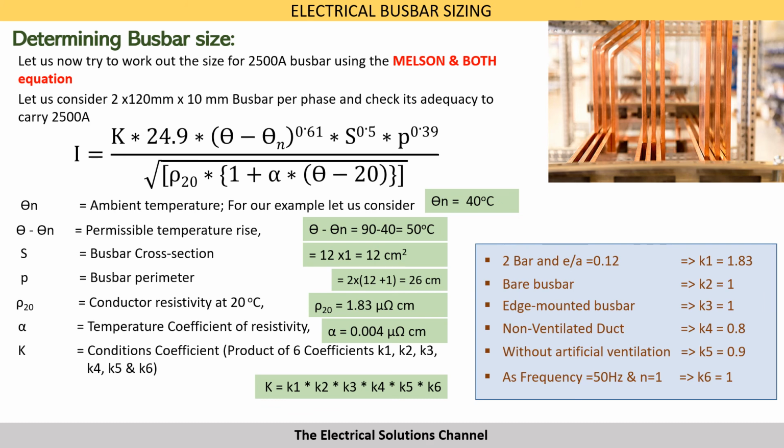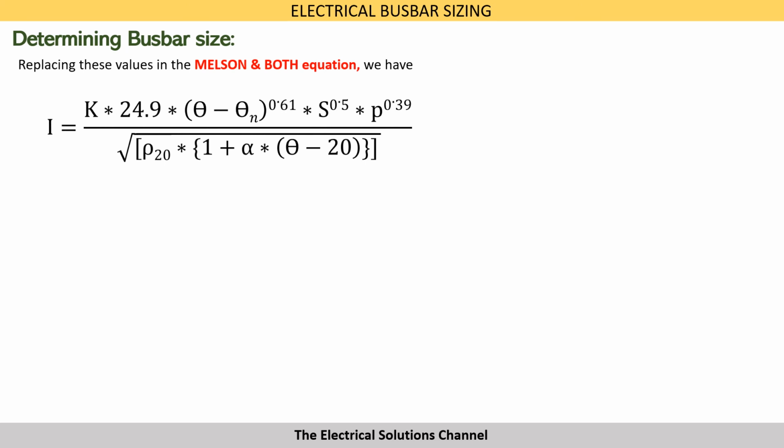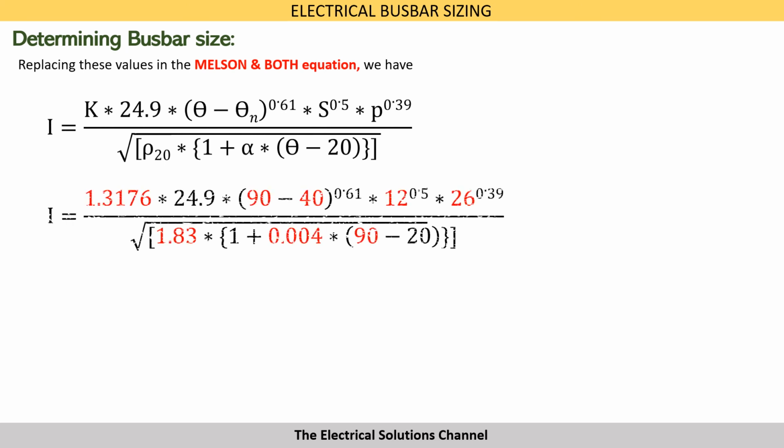K5 is equal to 0.9 as the example is without artificial ventilation. And as the frequency is 50 Hz and n equal to 1, therefore K6 is equal to 1. Therefore, K works out as 1.3176.